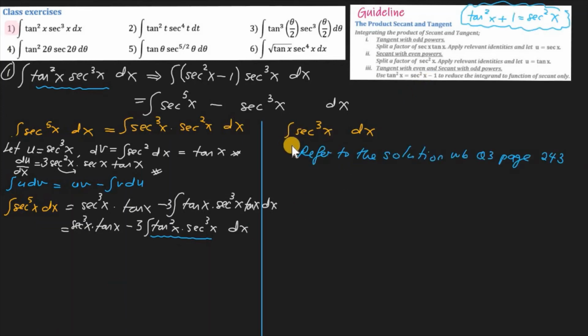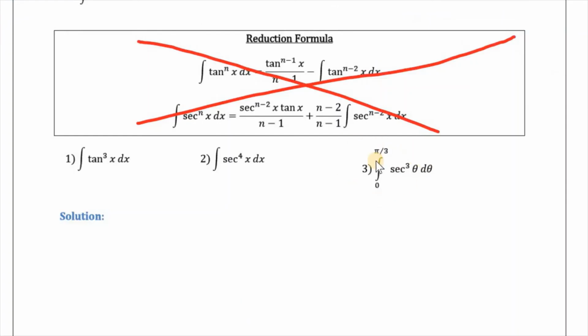We cannot use this method because this is a secant power odd number and it is alone. So basically, we have done this. Refer back to your workbook, page 243, question number 3. Let's find the answer for this question that we have done earlier.